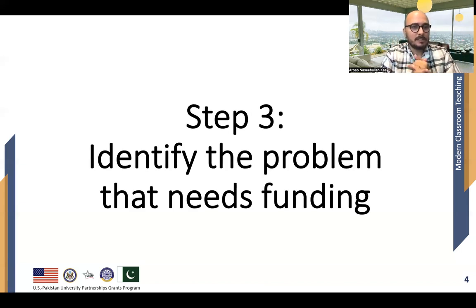And then, coming ahead to step number three, that is, identify the problem that needs funding. Whenever you are doing this, always agree on the problem, whether you are working as an individual, in a team, or inside your institute, organization or startup.